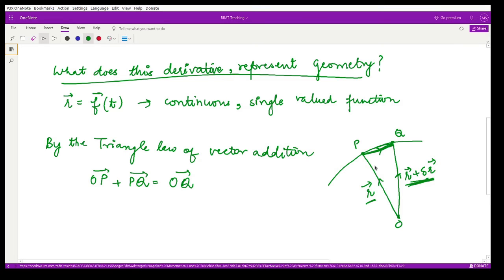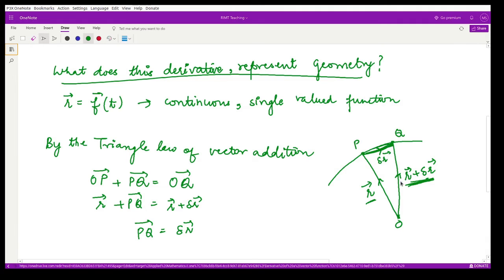So this plus this will give you this. In effect, the sum of all these taken in the same direction would result in a zero vector. The direction for OP is r vector, OQ is r plus delta r, and we do not know PQ, so from here you obtain the vector PQ as delta r.